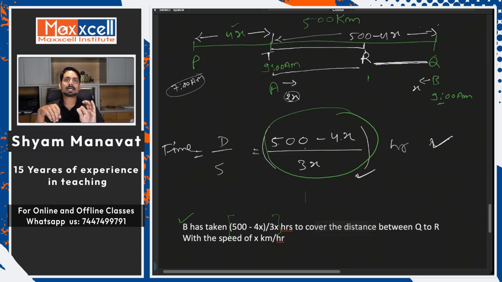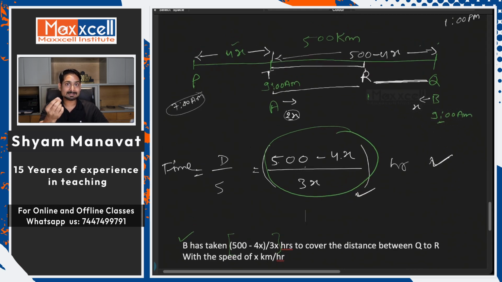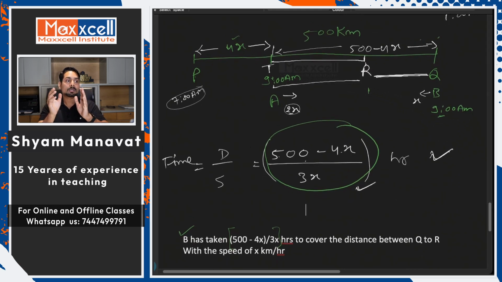At 10 a.m. if you start, after 1 hour it will be 11 a.m. in your watch as well as your friend's watch. So the time taken for both of them is the same because you are meeting at the same time. So from T to R, if A is taking 500 minus 4x by 3x hours, B will also take the same time from Q to R, right?